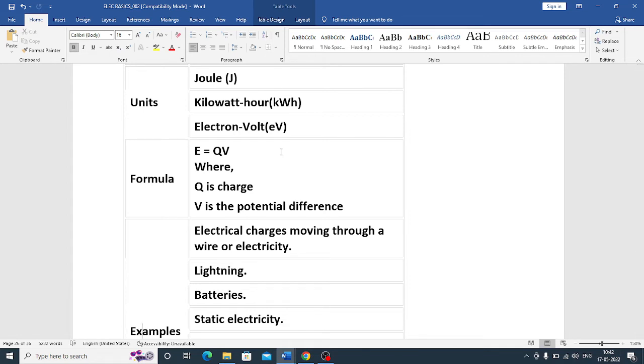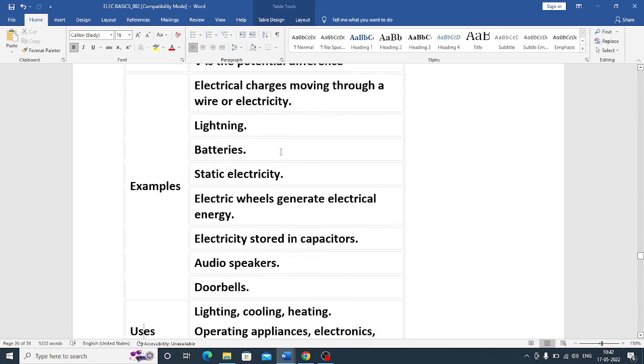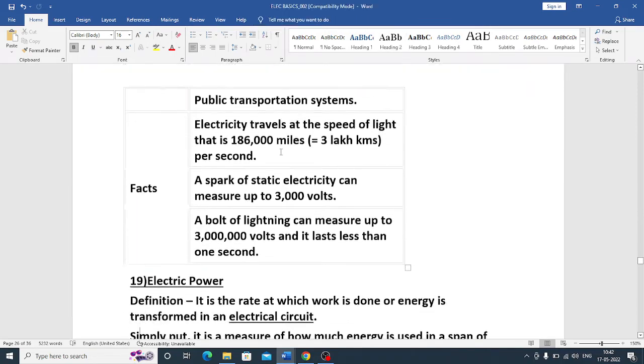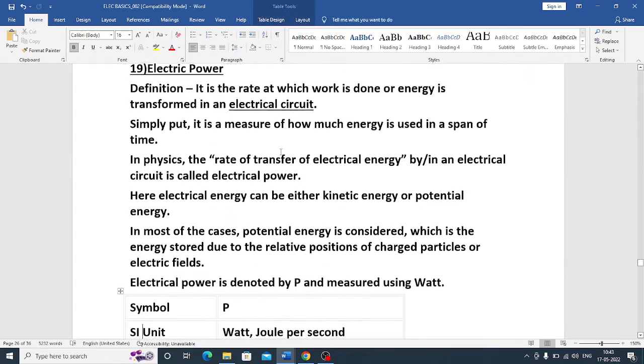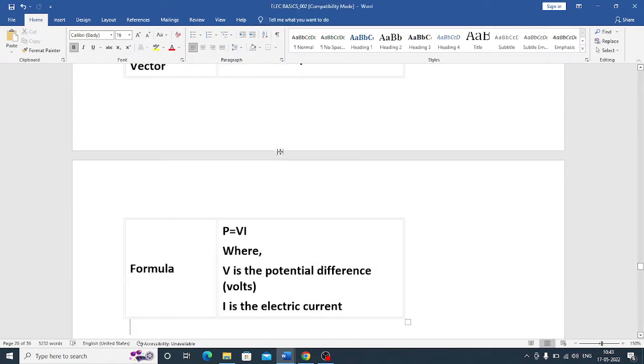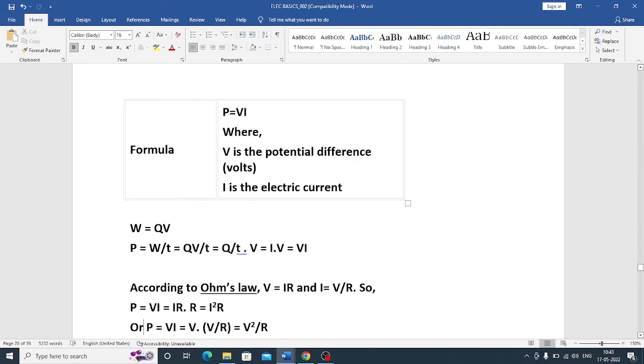Electric charges move by batteries or static electricity or lightning. Power is given by V into I. So energy is equal to V into I into T. Energy is equal to power into time.